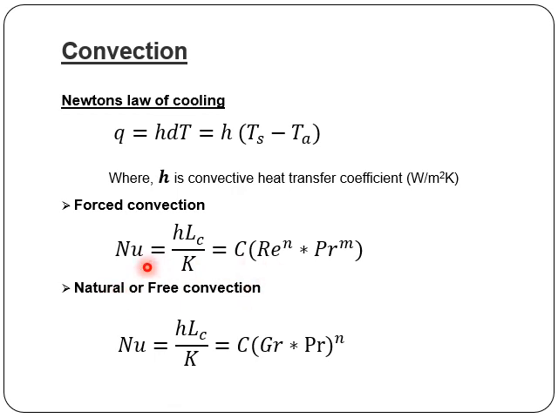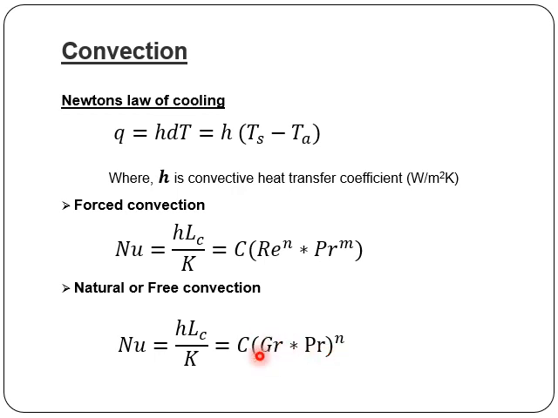So these are three dimensionless numbers in case of forced convection. Similarly, you have three dimensionless numbers in case of free convection. They are Nusselt number, which is a function of Grashof number and Prandtl number. So again you have a constant and some exponent of the product of Grashof number and Prandtl number.